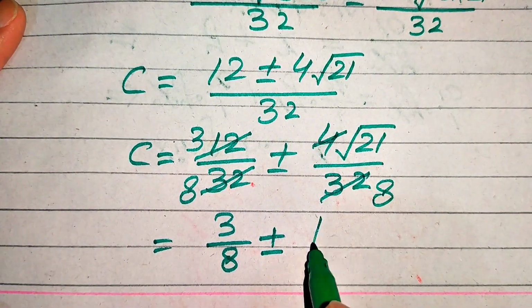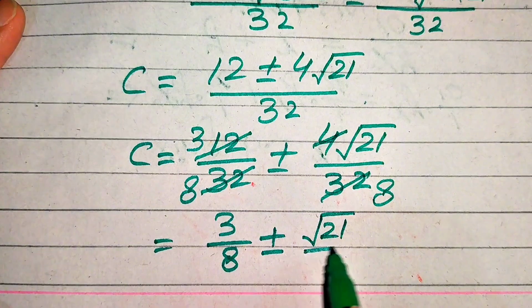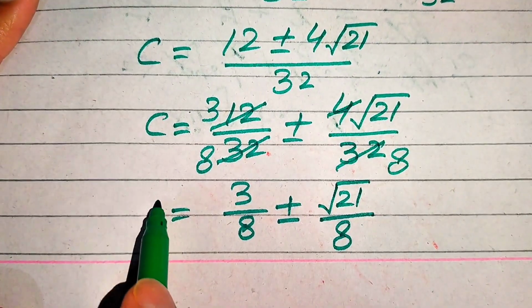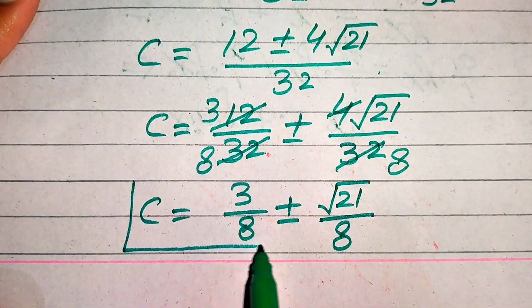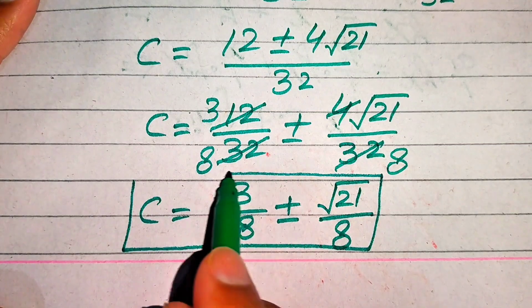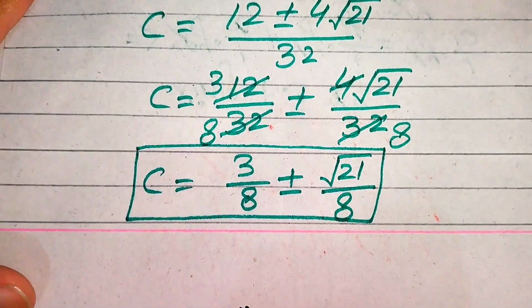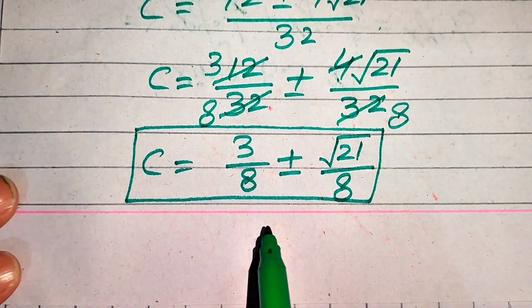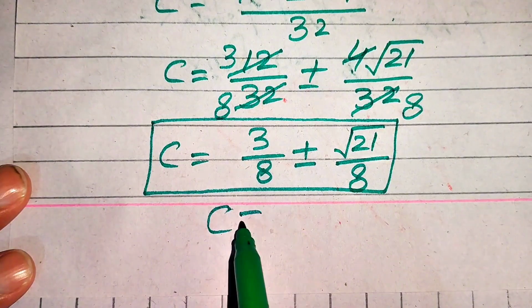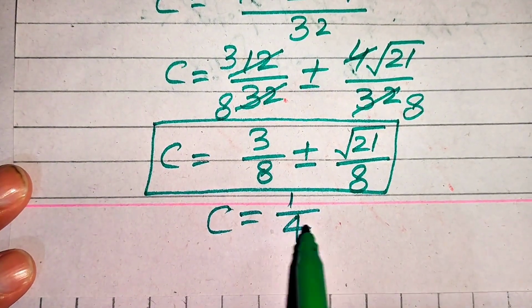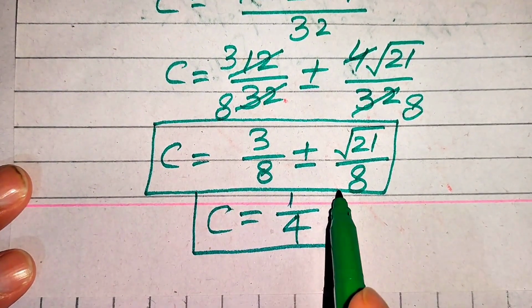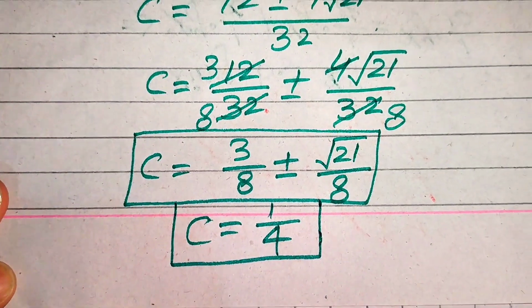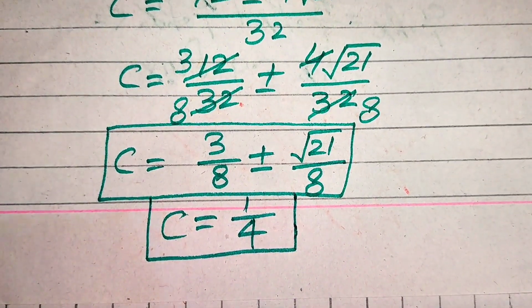So we get square root of 21 divided by 8. So these are the other two real values of the given equation, and the three real values of the given equation are, the third value is c is equal to 1 over 4. So these are the three real solutions of the given equation, and this is the final answer.